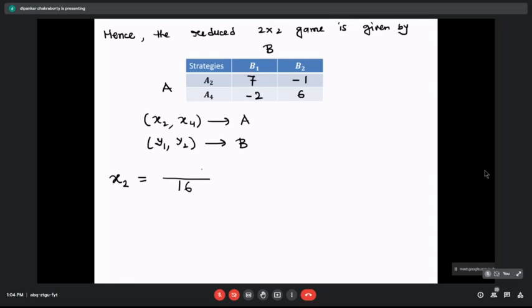And for x2, 6 plus 2, that is 8. 8 by 16, that is half. x2 plus x4 must be equal to 1, so x4 will also be half, but you can check it: 7 plus 1, that is 8 by 16 again. Again, it is half.